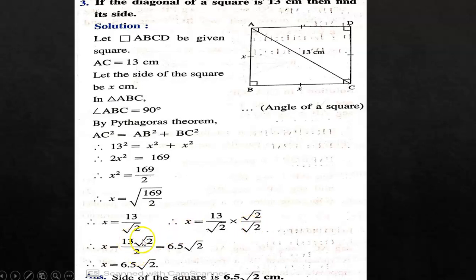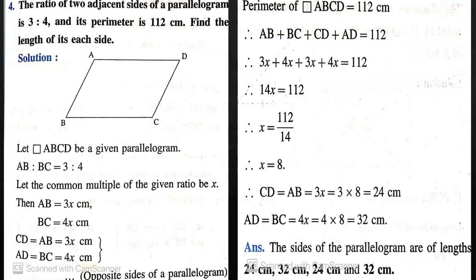So I get 13 multiplied by root 2 upon 2. Now this I can divide and I get 6.5 multiplied by root 2. That is my side of the square. So side of the square is 6.5 root 2 centimeters.